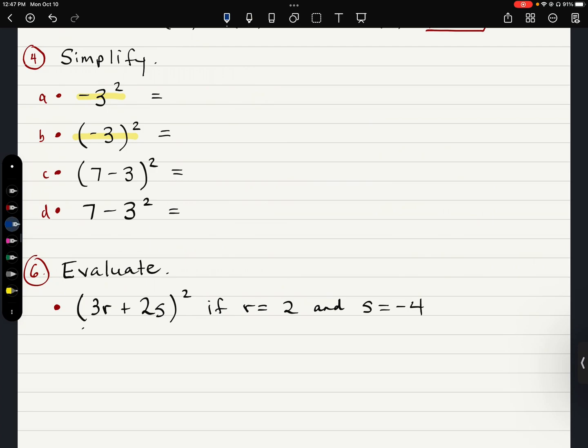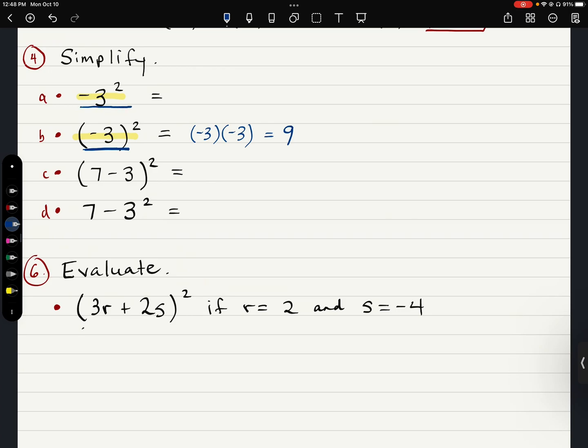And in fact, I'm going to look at B first. When I look at B, I can see here that my base is negative 3. This is saying the same thing as negative 3 times a negative 3. In which case, we know a negative times a negative is a positive, and 3 times 3 is 9, so that would be our answer.